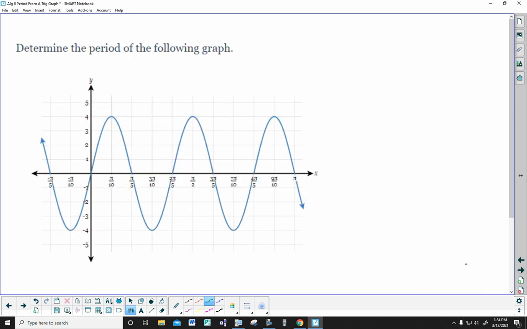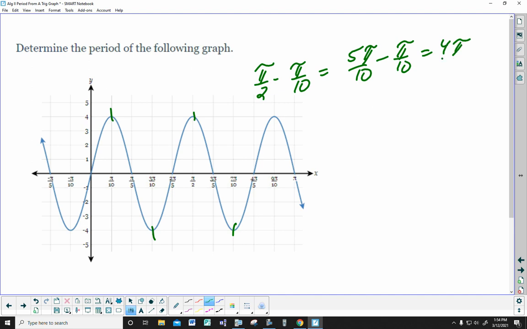So, we can either look peak to peak or valley to valley, but doing that takes a little bit of subtraction. So you go pi over 2 minus pi over 10. You'd have to get a common denominator, which would be 5 pi over 10 minus pi over 10, which gives you 4 pi over 10, which gives you 2 pi over 5.